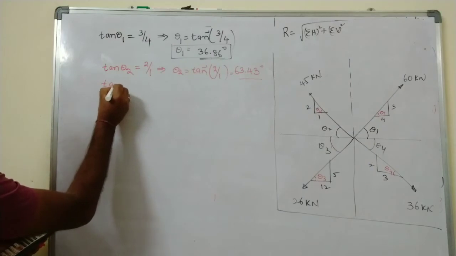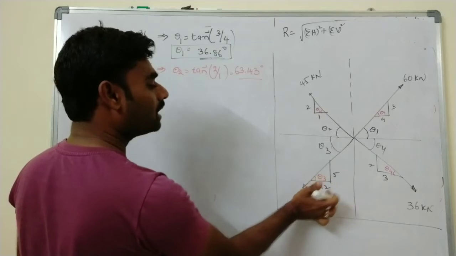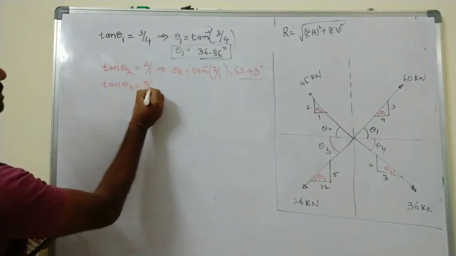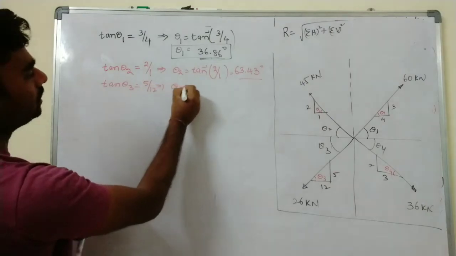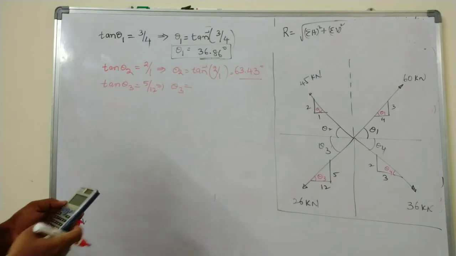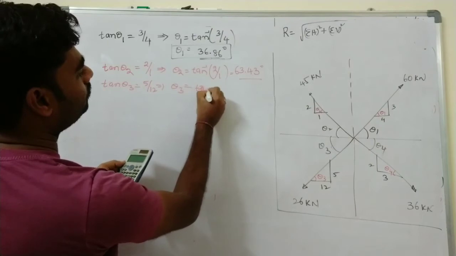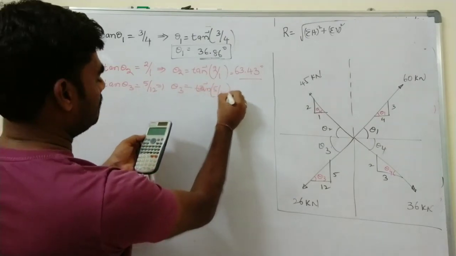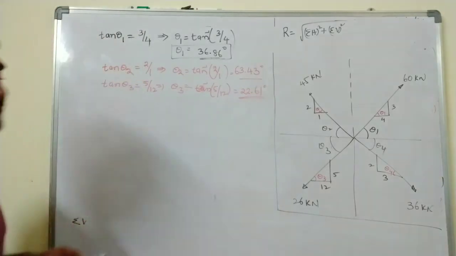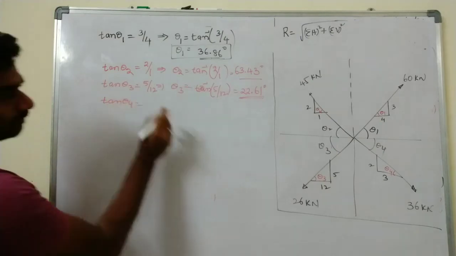Then tan theta 3. Please consider theta 3. Opposite by adjacent: opposite is 5, adjacent is 12, so 5 by 12. Then theta 3 equals shift tan inverse of 5 by 12, and I got 22.61 degrees. Next, tan theta 4.